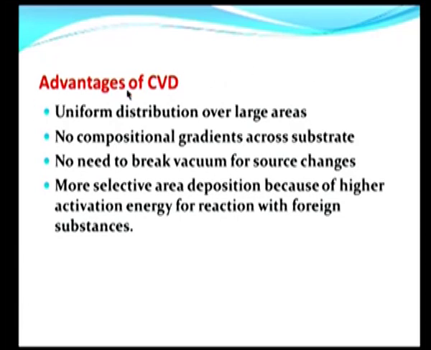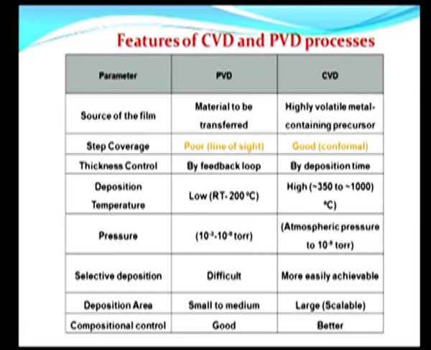So, CVD has advantages of uniform deposition over large areas, and as we just said, conformal coverage and usually high rates of deposition and so on, and therefore, it is often the process of choice for VLSI fabrication, especially where high aspect ratios are involved.